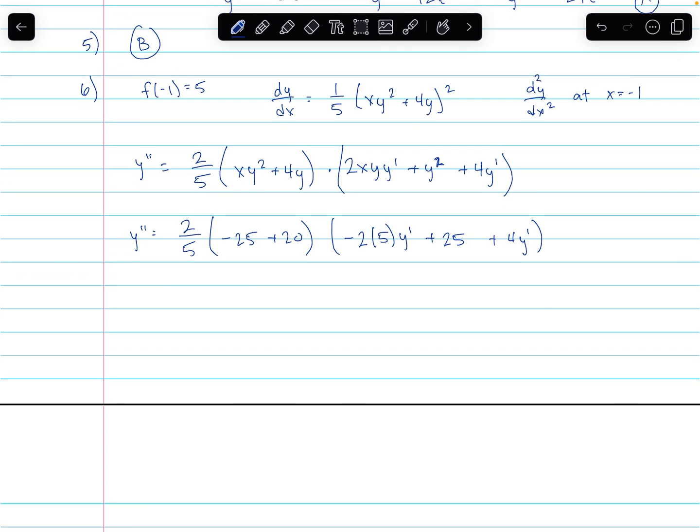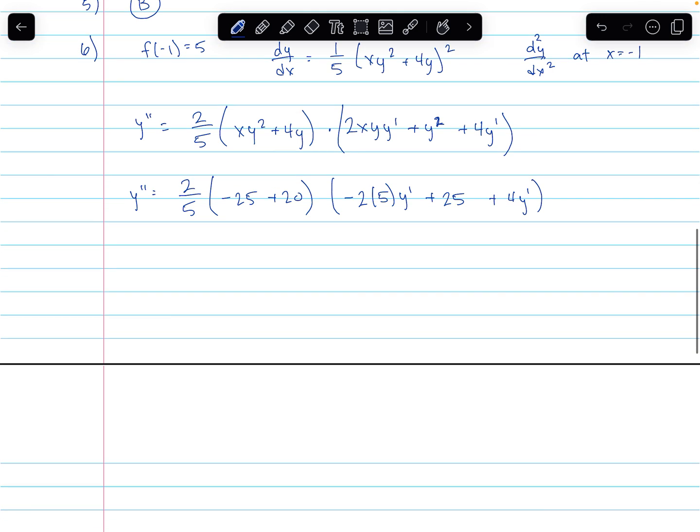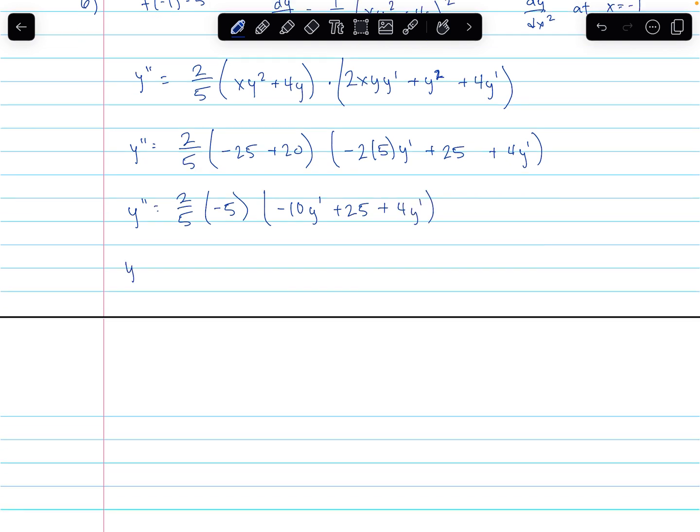Now, y double prime is going to be equal to 2/5 times negative 5 times negative 10y prime plus 25 plus 4y prime. So y double prime is going to be equal to negative 2 times negative 6y prime plus 25.